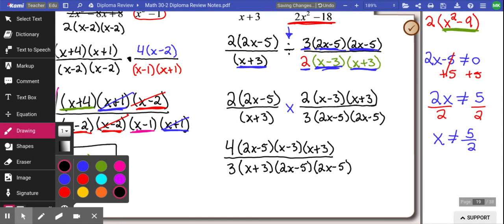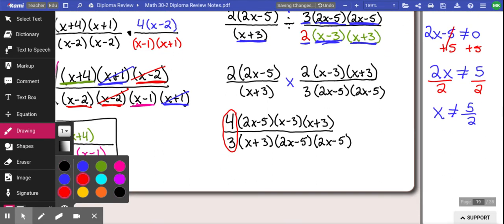Now that it's a single fraction, we can reduce that single fraction. Monomials go together, so we're going to do 4 divided by 3. Nothing can divide into those, so they stay as 4 and 3. On the top, we have a 2x minus 5. That will cancel out one of the other 2x minus 5s.